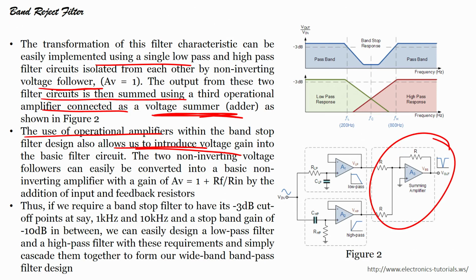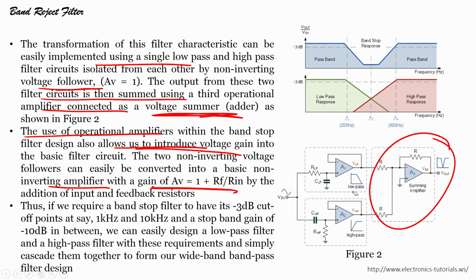The two non inverting voltage followers can easily be converted into a basic non inverting amplifier with a gain of AF equal to 1 plus RF by R1. You see this is the amplifier, it is nothing but a unity gain amplifier. This unity gain amplifier we can convert into a non inverting amplifier, and we can introduce a voltage gain, correct.